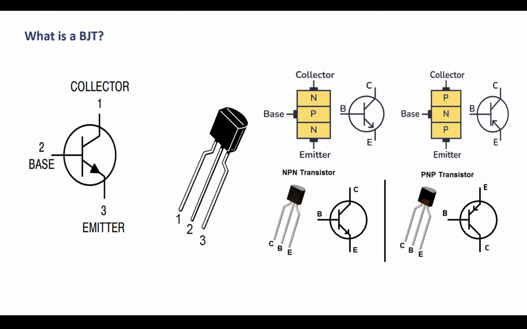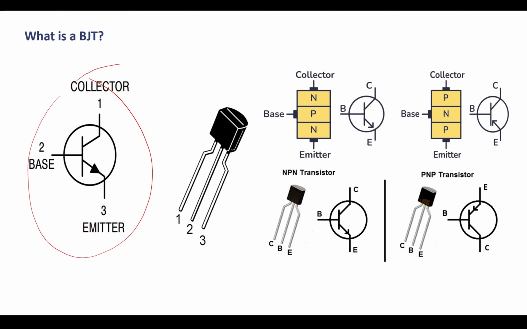You can see the symbol of the BJT. It has three pins. Here, we call the pins collector, emitter, and base. Collector and emitter are similar to the drain and source that we talked about.